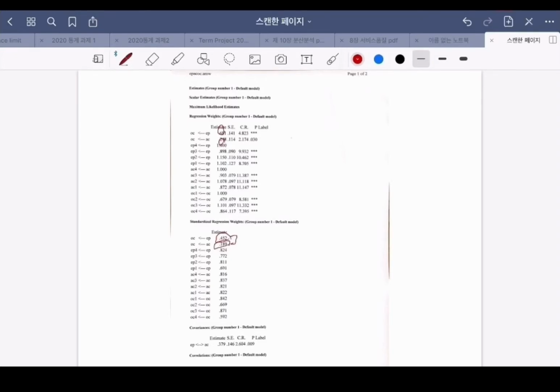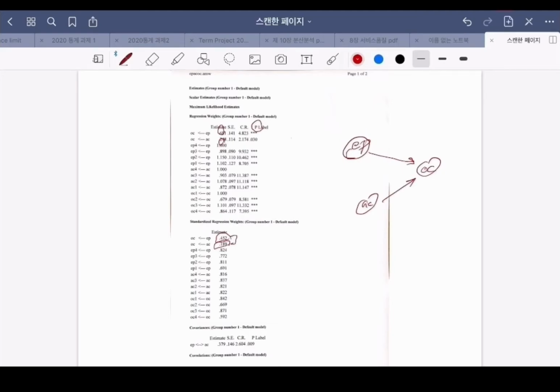Also, the important thing here is the hypothesis. You have p-values here, and each is the p-value for some type of hypothesis. Remember that we had EP, AC, OC. This arrow goes to here and this one goes to here.